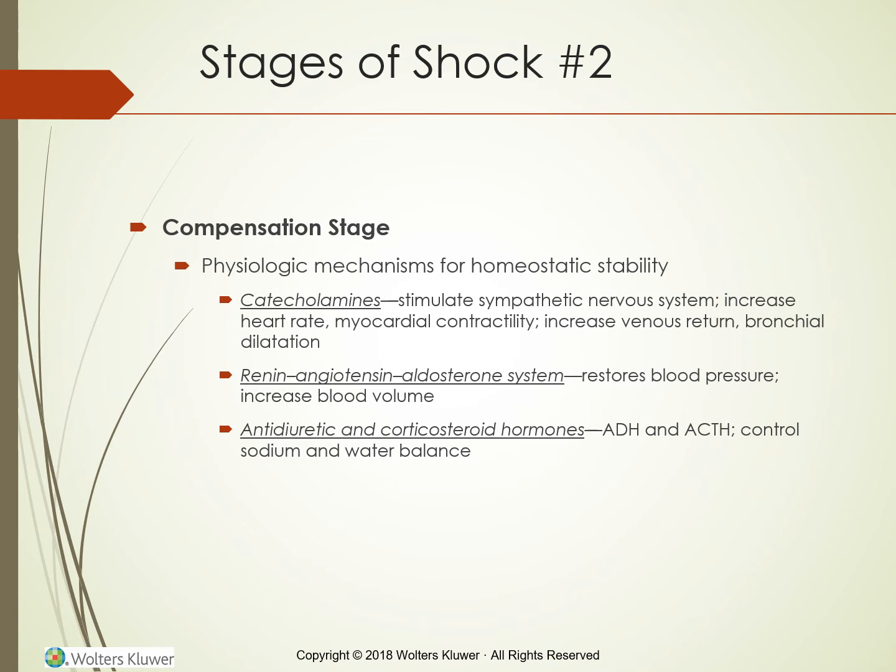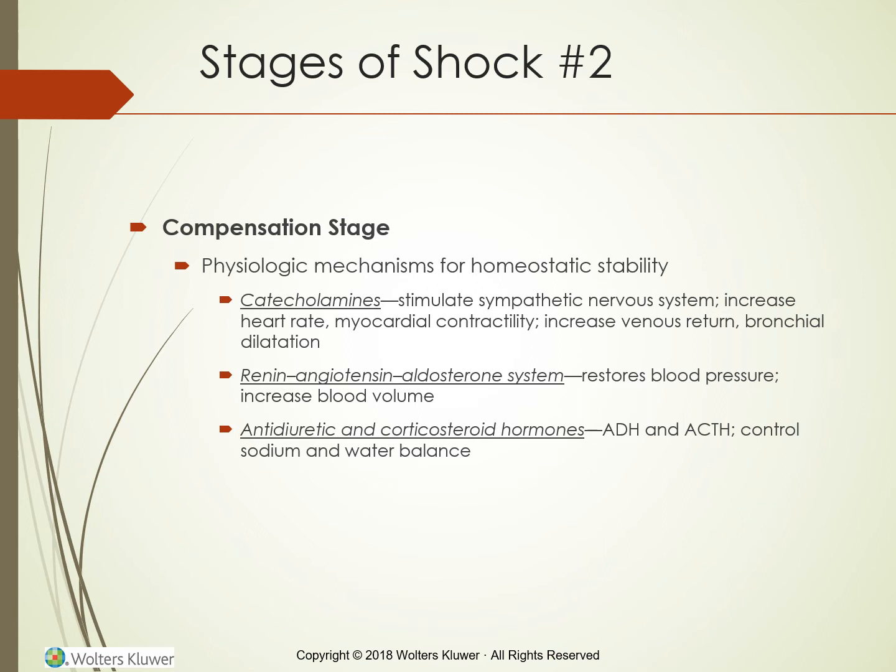To compensate in shock, the sympathetic nervous system releases endogenous catecholamines, epinephrine and norepinephrine, into the circulation. The adrenal medulla secretes epinephrine, whereas the endings of sympathetic nerve fibers secrete norepinephrine.